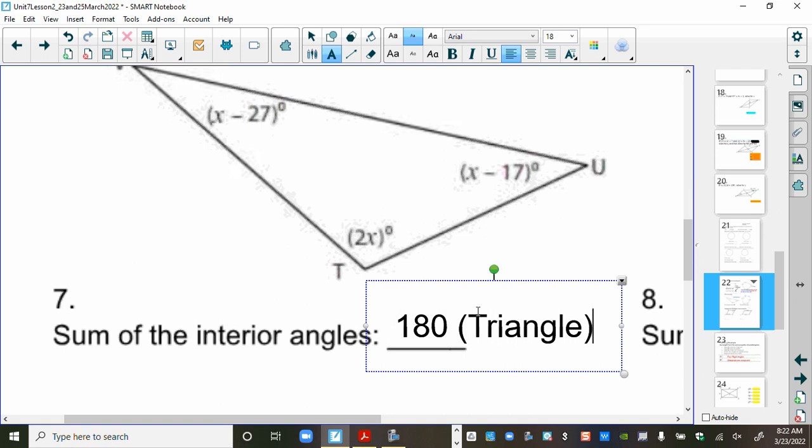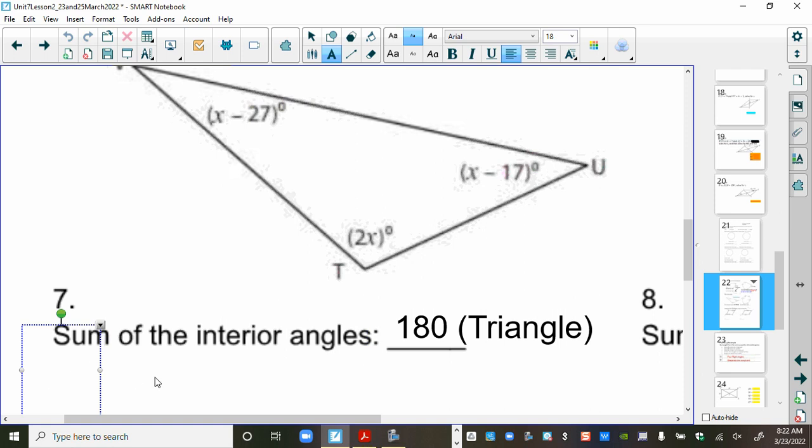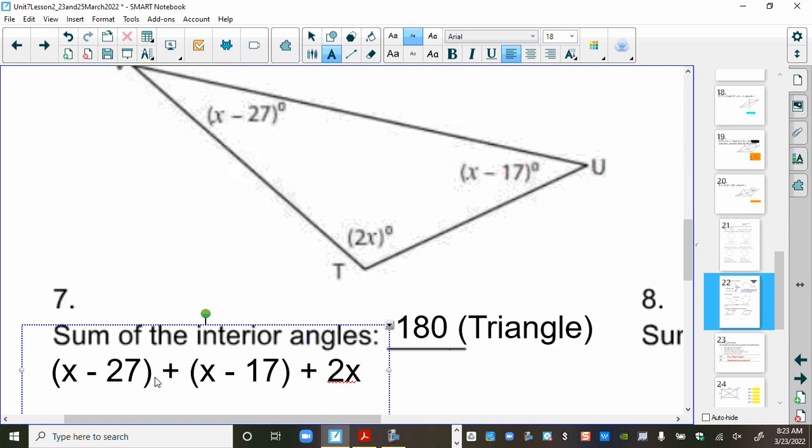Well, here's the deal. When you do this problem, you're going to have to combine like terms. So the x minus 27 plus x minus 17 plus 2x equals 180. That's going to be your setup.